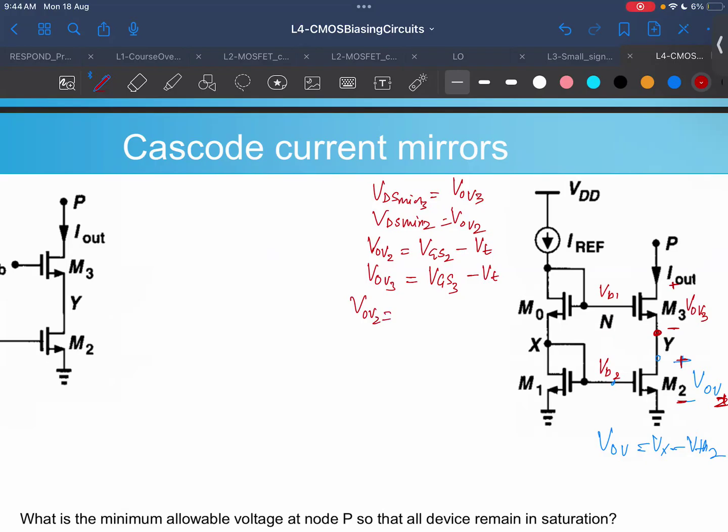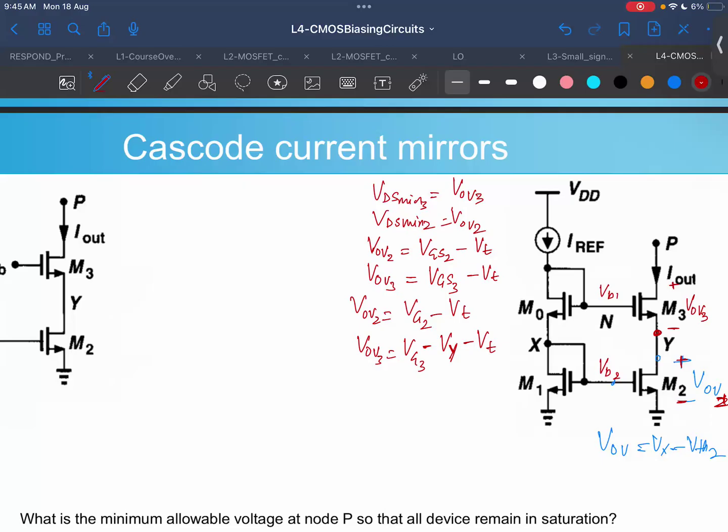So S2 is 0, so it's just VG2 minus VT. But for VOV3, we see it is VG3 minus VS3. VS3 is VY. So there is a different voltage, right? VY minus VT, right? And VY is basically VOV2, which is what we will see.